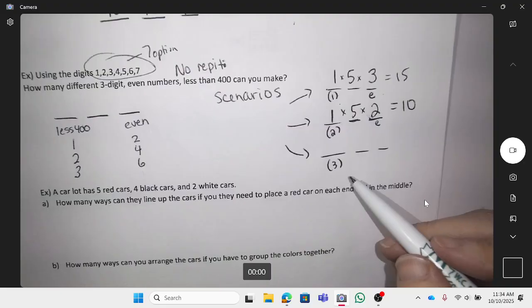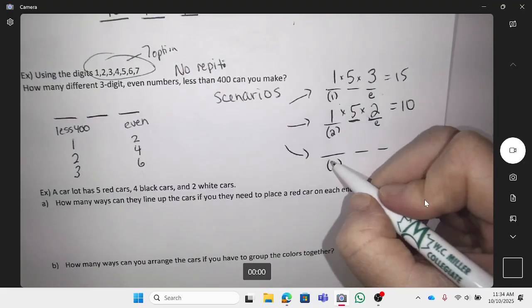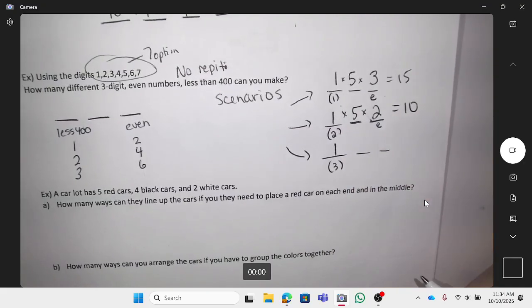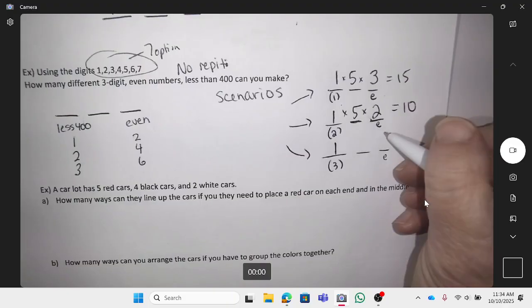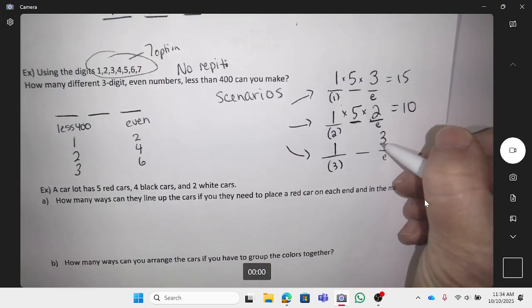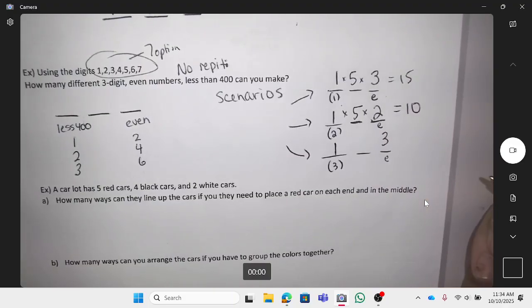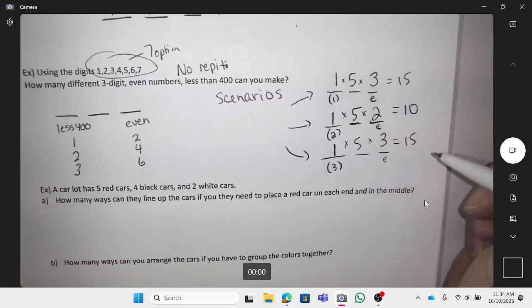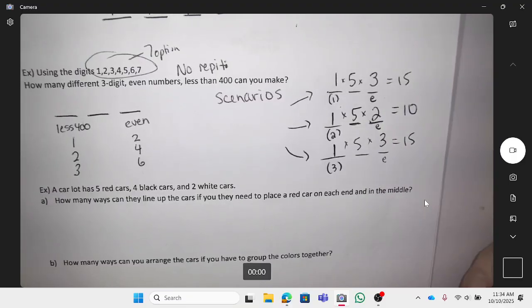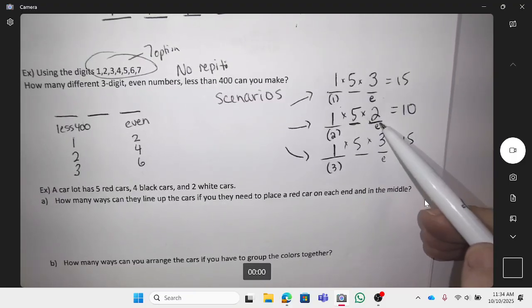How many ways can you make a 300 even number? So if it starts with 300, there's one option to start with a 3, which leaves me 3 options for an even value and 5 options. Okay, so do you see why this is a 2 instead of a 3?